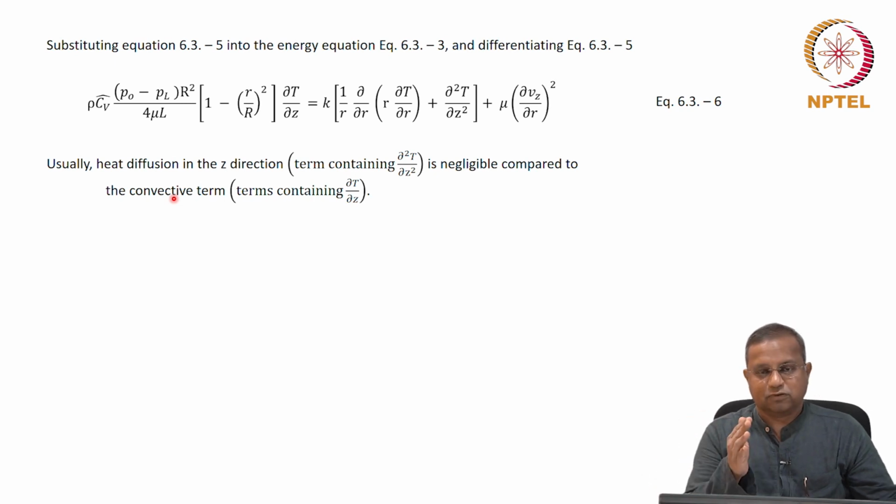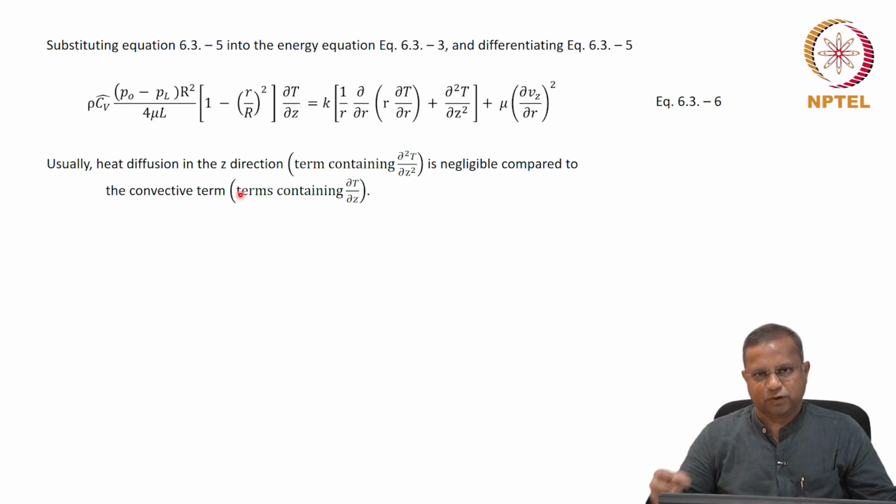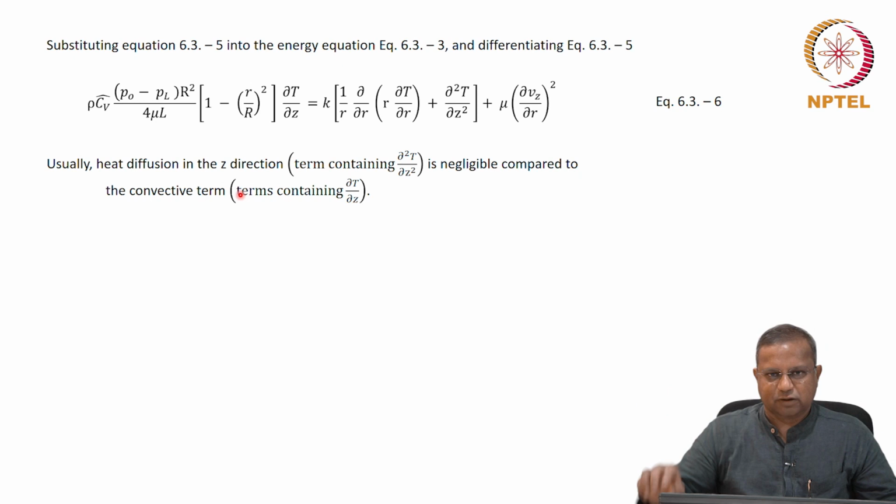The rate at which it diffuses by molecular motion is much less compared to the bulk flow component. All this is heat: the heat diffusion and the heat being transferred by convective motion. Therefore, this term is going to be negligible compared to the dou T dou Z term here, where it's all additive. Therefore, we can neglect this term when they are added together.